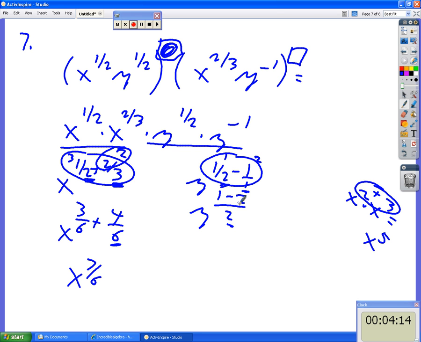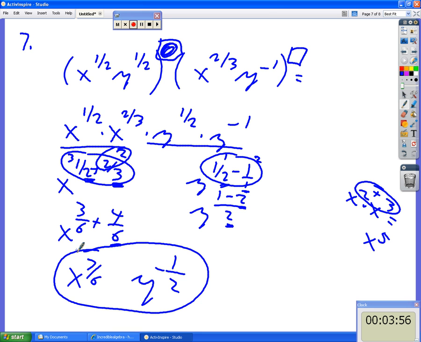So y is 1 minus 2, which is negative 1 over 2. And we're done. We're simply taking the fractions for the x's and adding them together, and taking the fractions for the y's and adding them together. That is problem number 7.